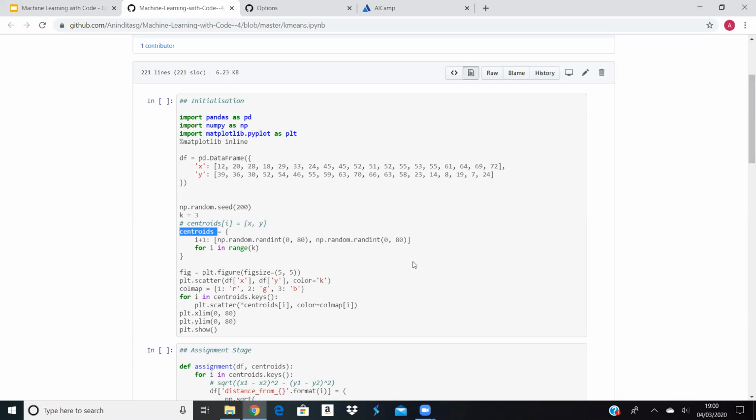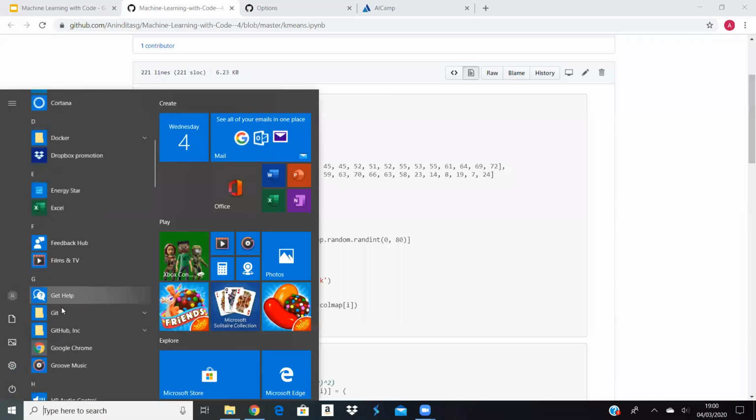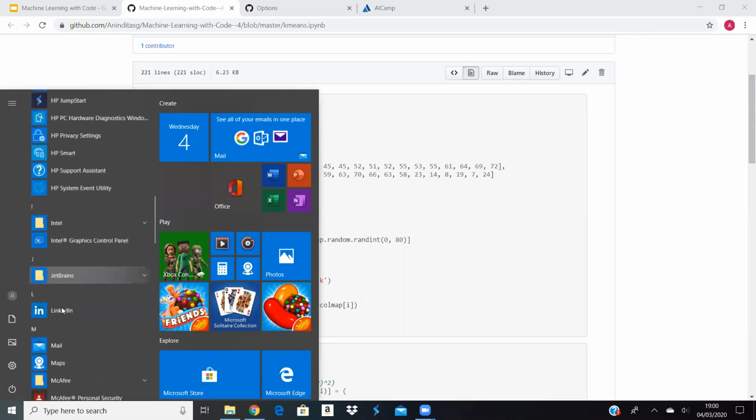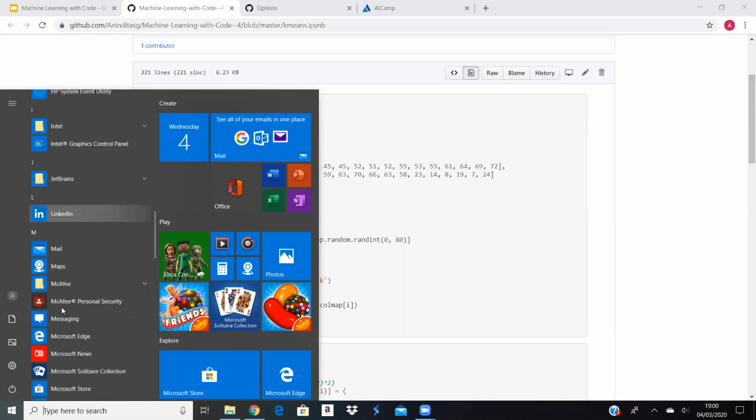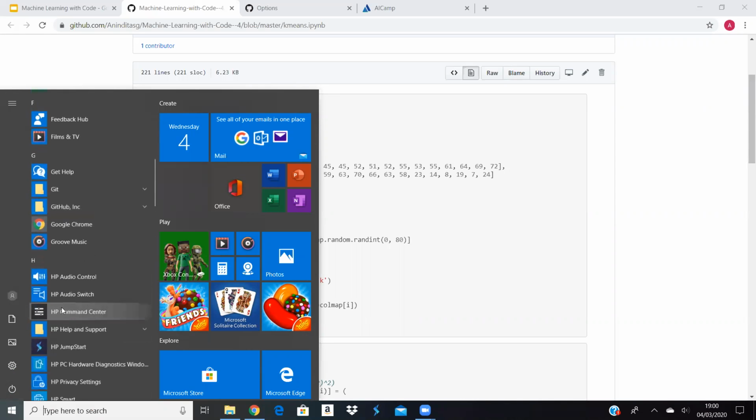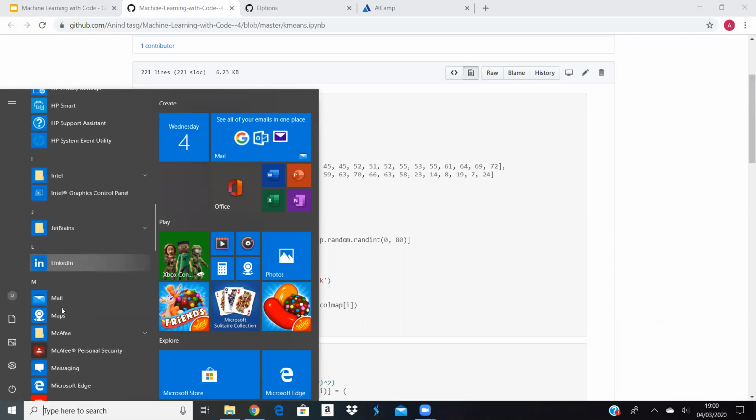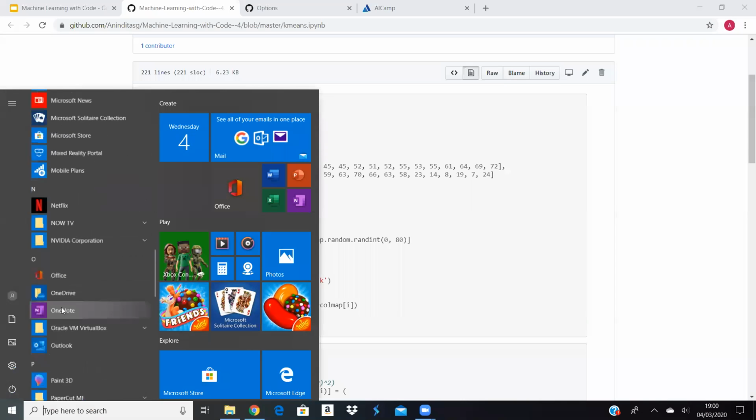Can you see how the plot looks? I'll open my code and run it once.